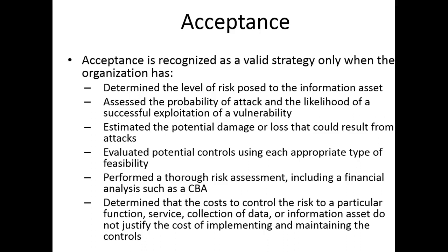Another valid approach is to evaluate potential controls using each appropriate type of feasibility, or perform a true risk assessment including financial analysis, determining that the cost to control the risk to a particular function, service, or information asset doesn't justify the cost of implementing and maintaining the control. Maybe it's better to just accept it because it could cost much more and it's just not feasible in the company.